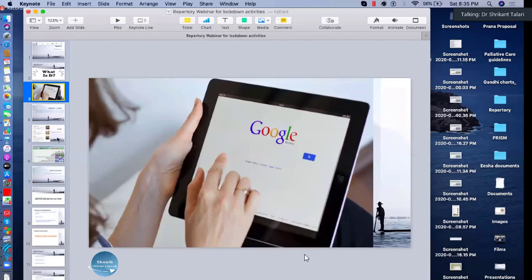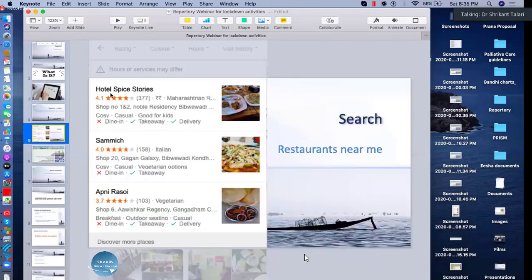If I'm searching today for the different restaurants that are available near me, Google gives me this list of restaurants, and it also gives me ratings of those restaurants. See, it is 4.1, 4, 3.7.